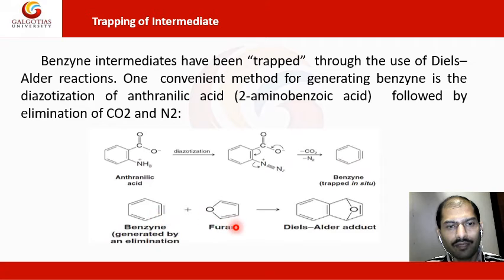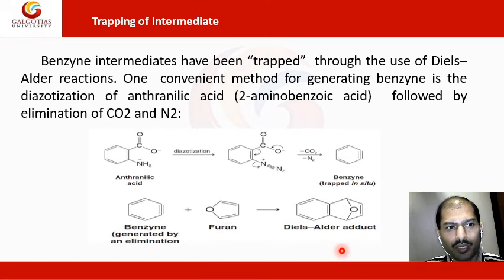You can react it with the furan, and this furan after reacting with the benzyne will make a Diels-Alder adduct, and this product forms like an addition reaction. This is an electrocyclic, or you can say pericyclic reaction; these are very common in pericyclic reactions.